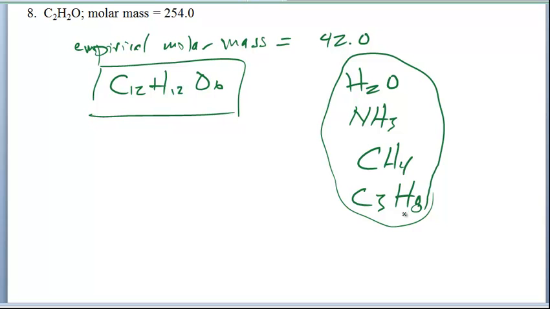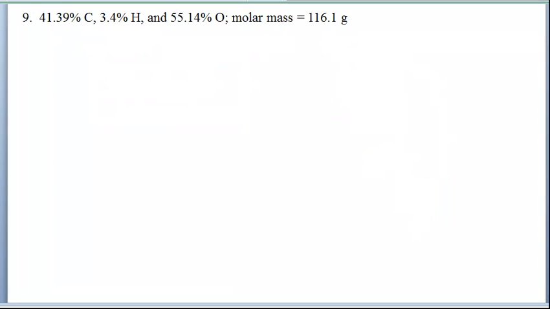It just so happens that they are also empirical formulas, because as they're written in the molecular formula form, they are giving the lowest whole number ratio among the elements. So sometimes the molecular formula is the same as the empirical formula. They're not always different.